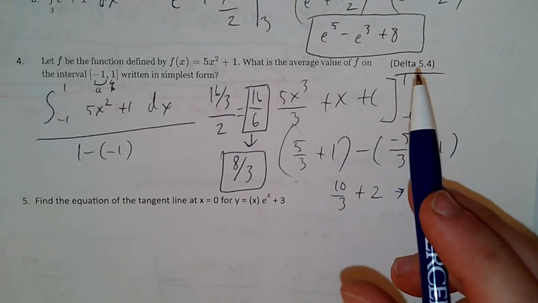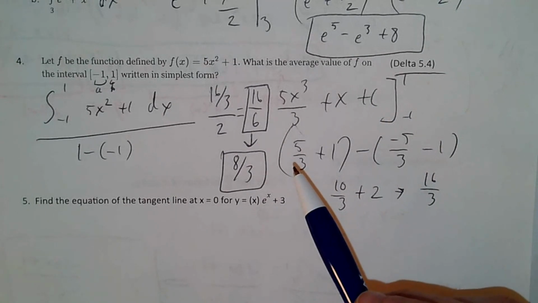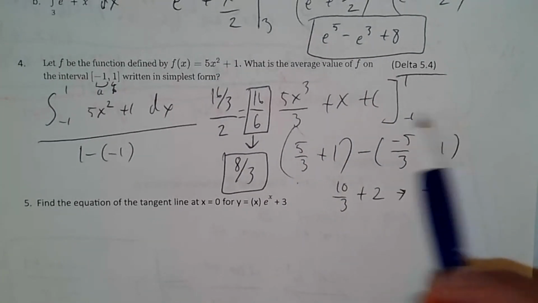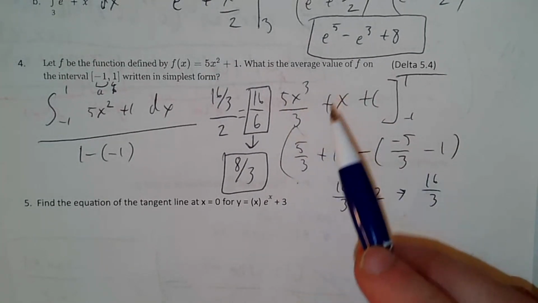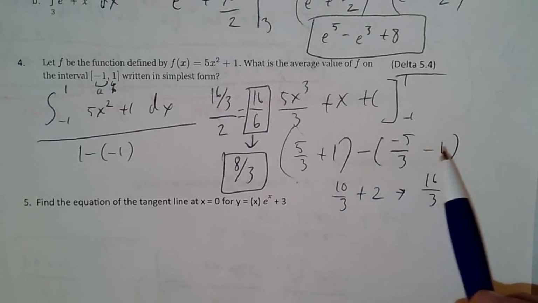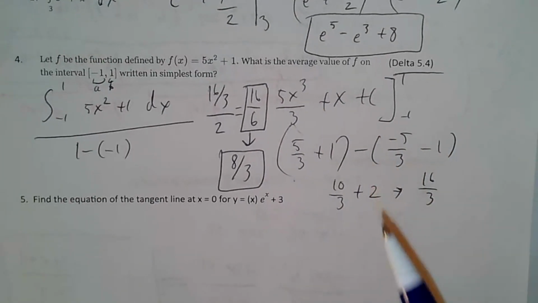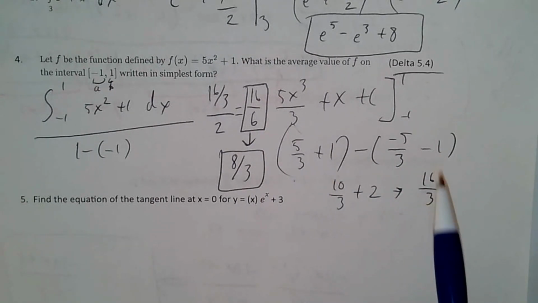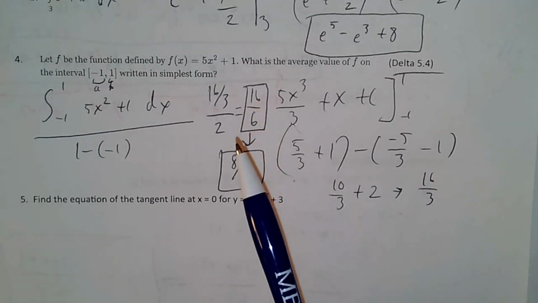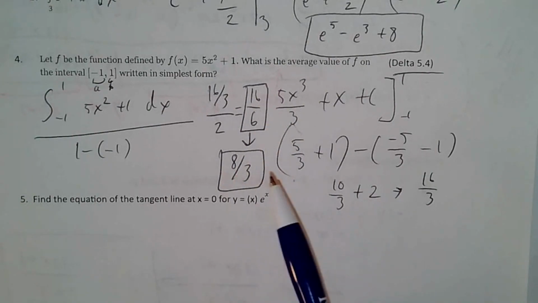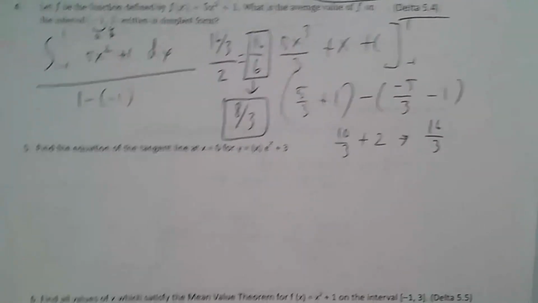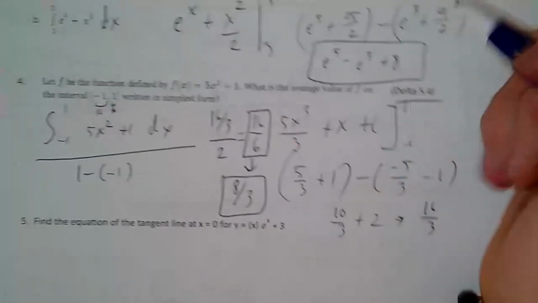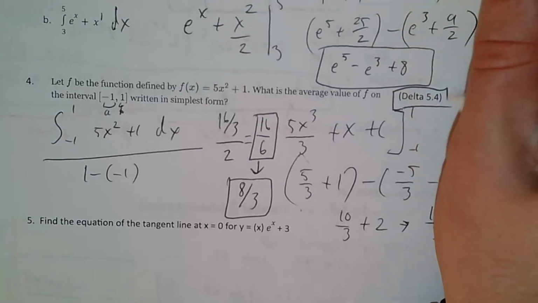From -1 to 1, plug in the 1, you get 5/3 plus 1. You plug in the -1, you get -5/3 minus 1. You subtract them, that turns out to 10/3 plus 2. That's 16/3. 16/3 divided by 2 is 16 over 6. That's 8/3. And this is Delta 5.4. So if you want to practice this, go to here. Practice here.